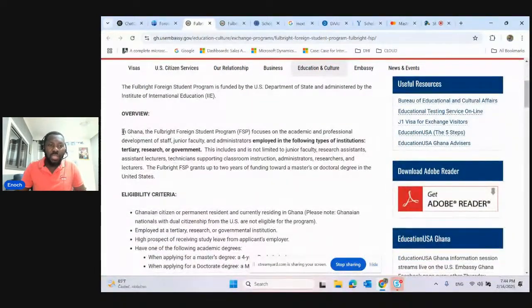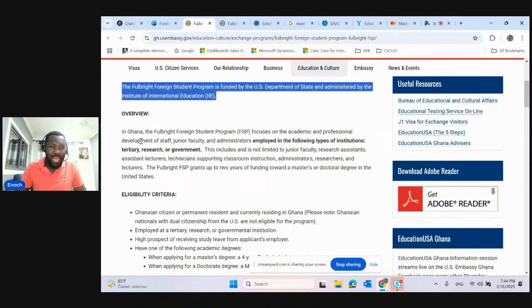And then you read more. So that is the Institute of International Education in Ghana. In Ghana, the Fulbright Scholarship foreign student program focuses on academic and professional development.